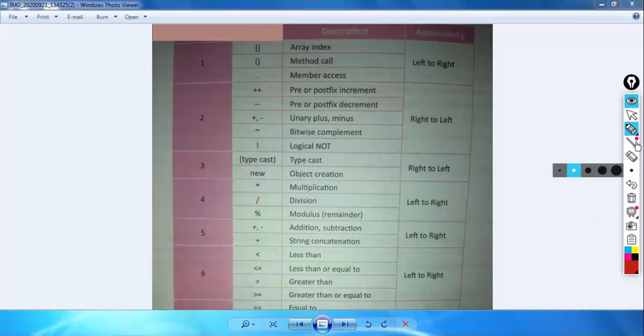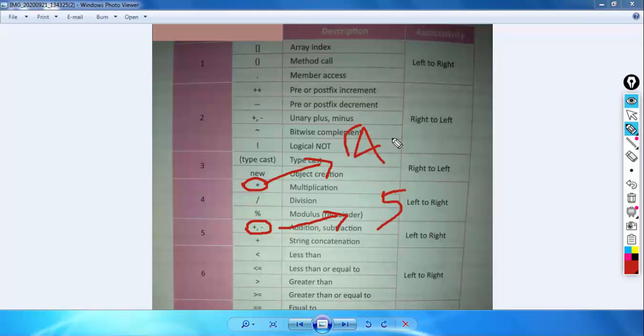If you notice here, multiplication has higher priority than the plus and minus operators. The priority for multiplication is 4 and for addition is 5, and smaller the number, higher the priority, so multiplication is executed first and then addition is done.